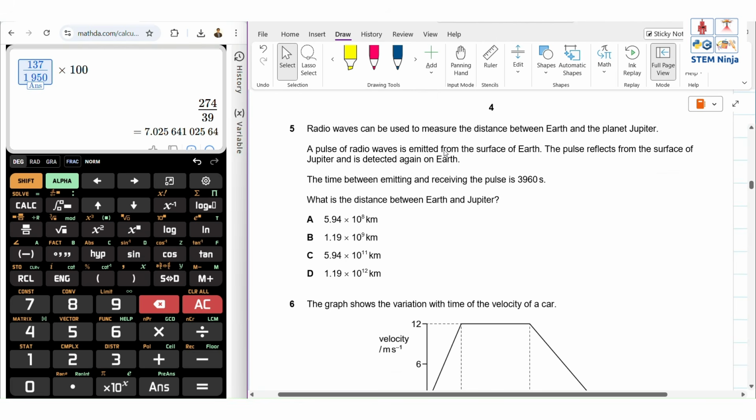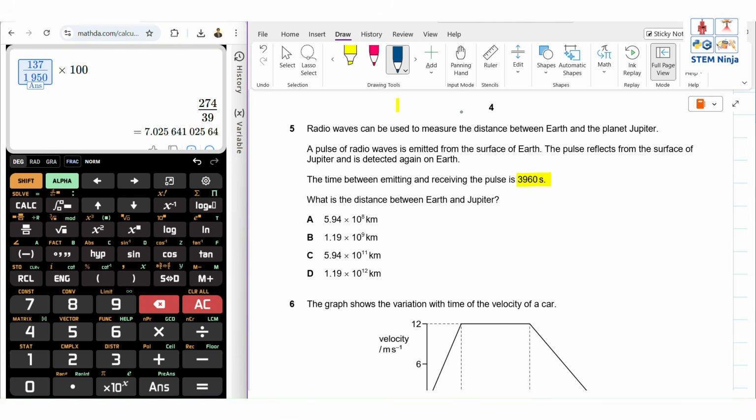Radio waves can be used to measure the distance between the Earth and the planet Jupiter. A pulse of radio waves is emitted from the surface of the Earth, reflects from the surface of Jupiter, and is detected again on Earth. The time between emitting and receiving the pulse is 3960 seconds. So basically, this is your Earth, this is your Jupiter.